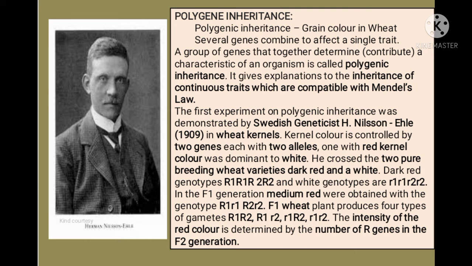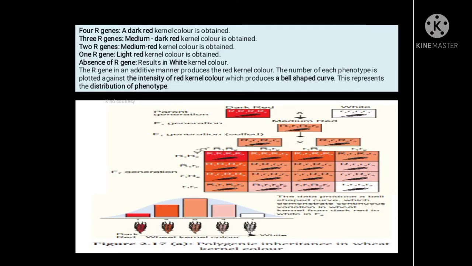The intensity of the red color is determined by the number of capital R genes in the F2 generation. With 4 capital R genes, the dark red kernel color is obtained. With 3 capital R genes, medium dark red is obtained.